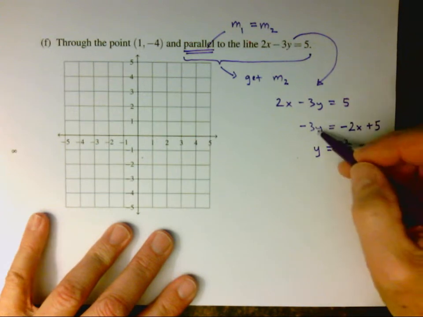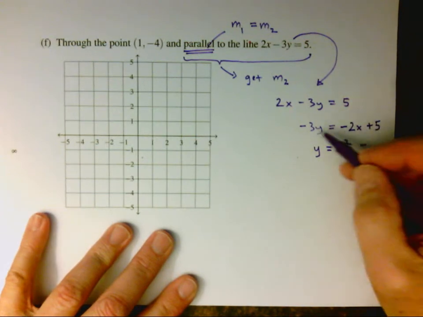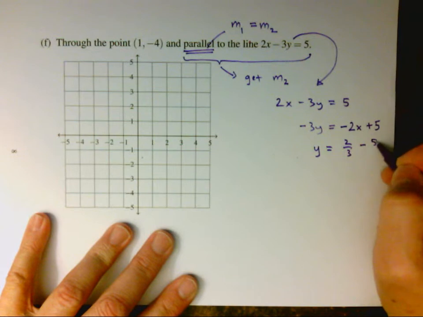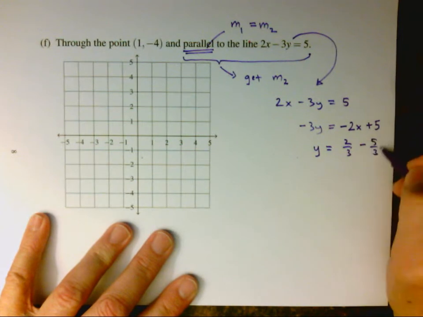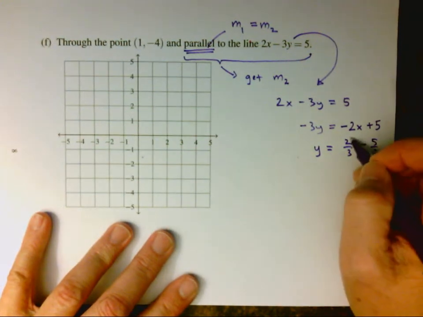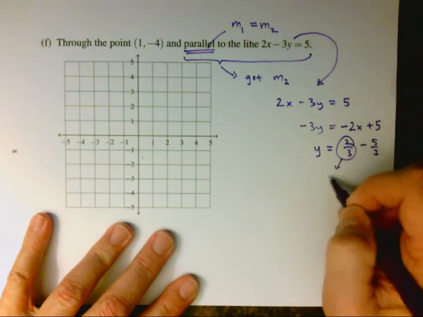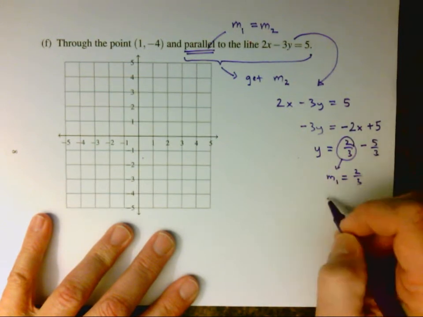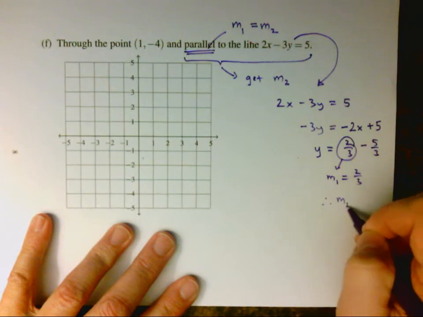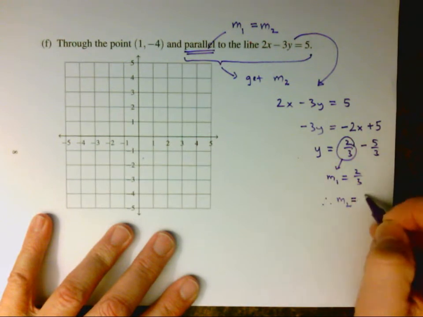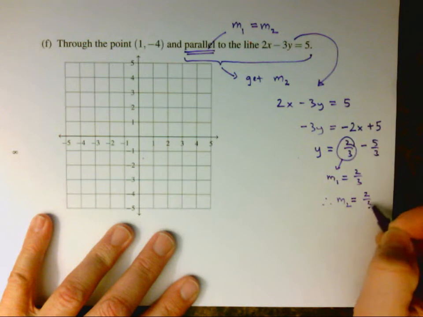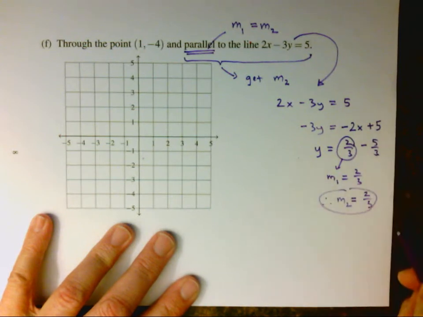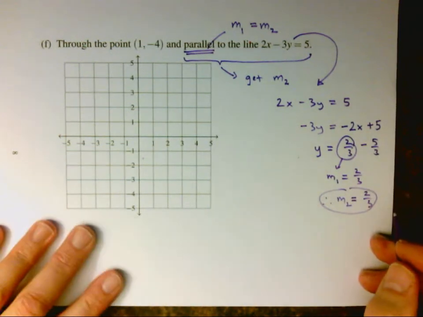And then minus a positive divided by negative is a negative 5/3. I don't need that y-intercept. What I need is that slope. The slope of the given line, m1, is 2/3. Therefore, the slope of the line that we're after, the second slope, is also 2/3. That's what I'm after to get the equation of the line.